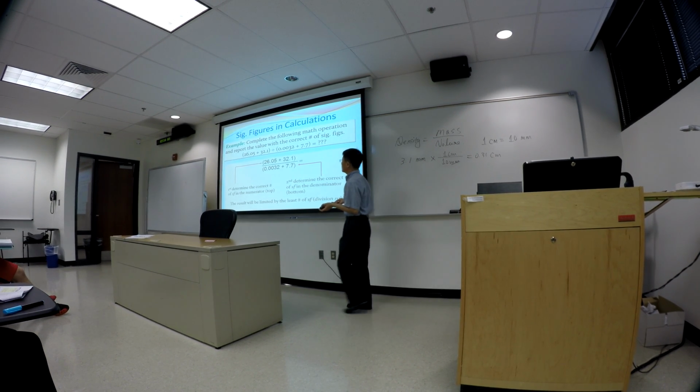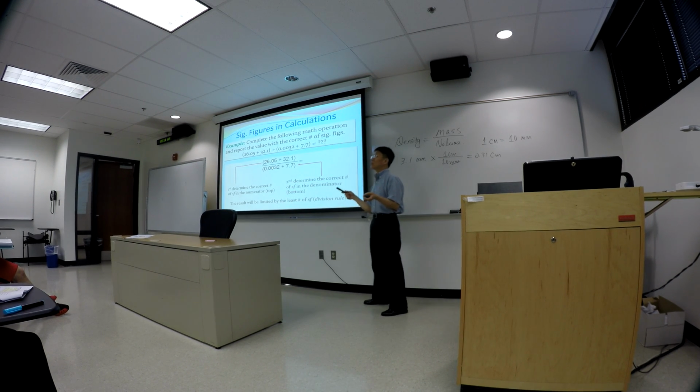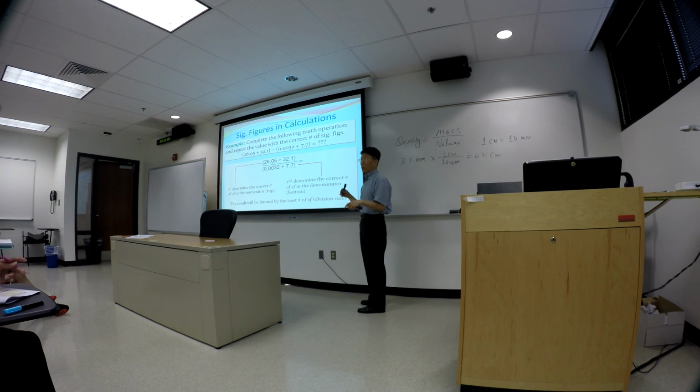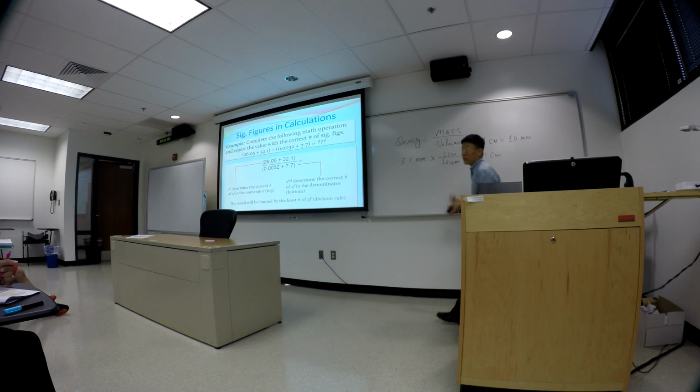Well, we need to look at each of the operations, determine what is the sig fig we're supposed to keep after each step. And then in the end, we do the rounding in the end. In the end, we determine how many sig fig we're going to keep for calculation. So this is an example here, 26.05 plus 32.1 divided by 0.032 plus 7.7. So what's the answer going to be?